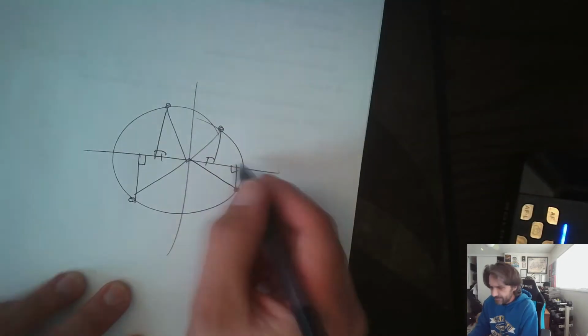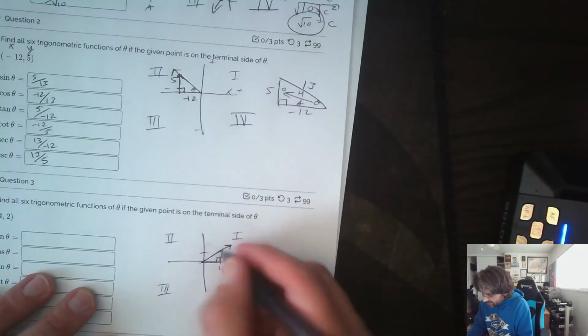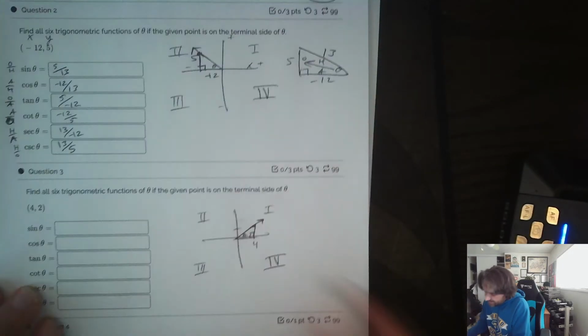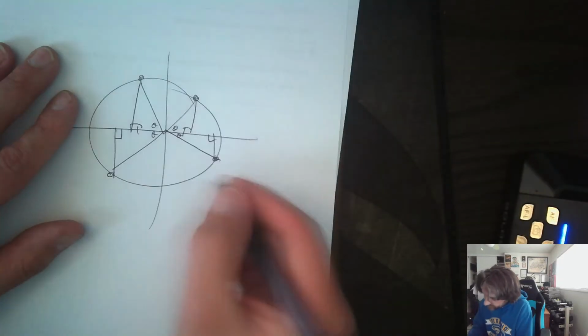The terminal side, sorry, I'm blanking right now, but the terminal side is your hypotenuse. Okay, theta is always going to be that inside angle.